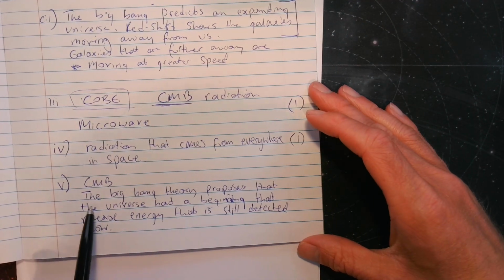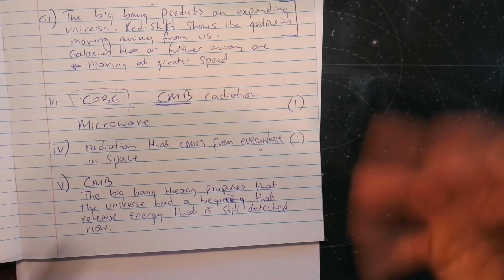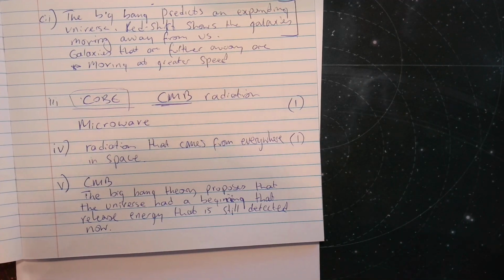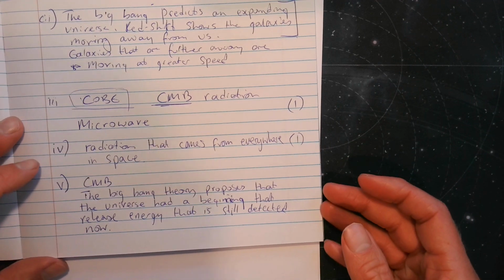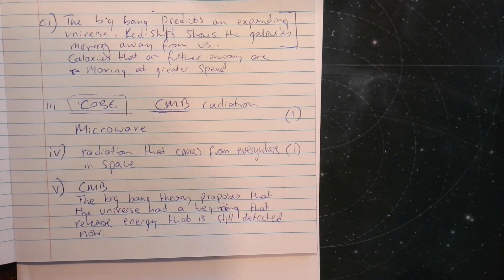So how does it provide evidence for the Big Bang Theory? Well, the Big Bang Theory proposes there was a start. So the fact there's radiation everywhere in space suggests that the universe had a beginning, had a start, and that was the CMB. Okay, that is question 4.